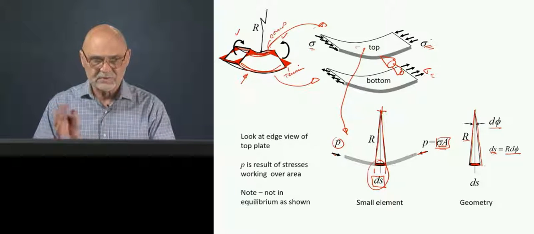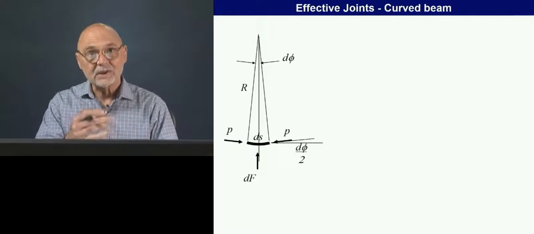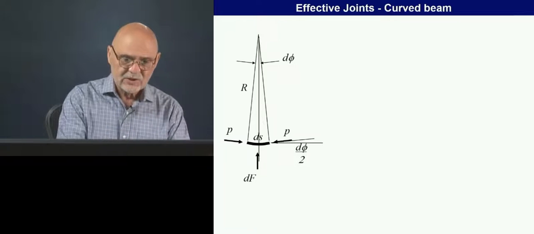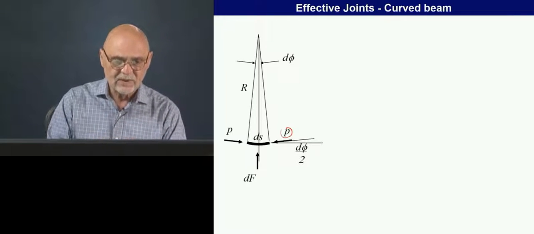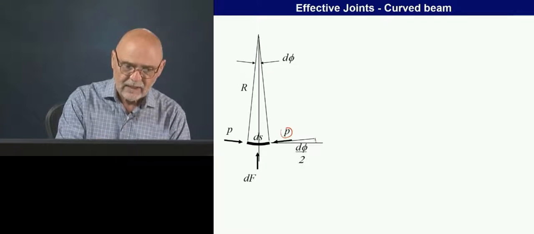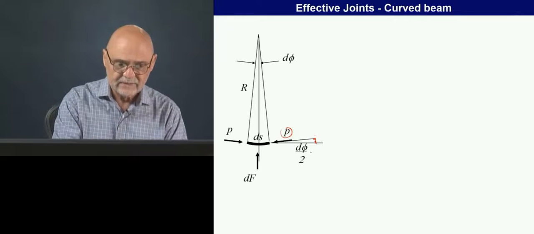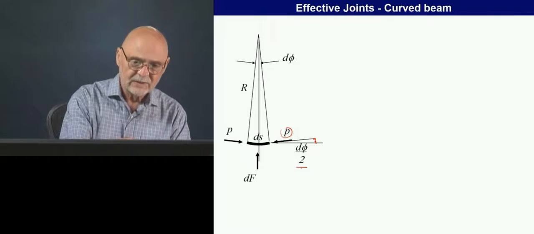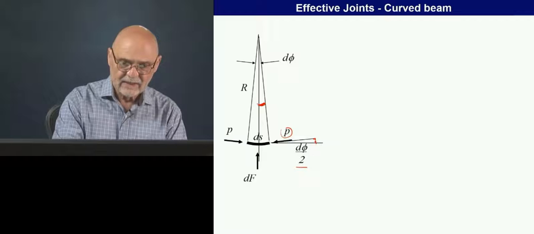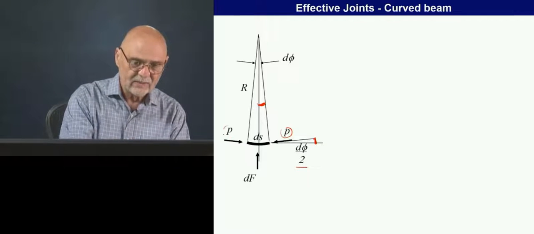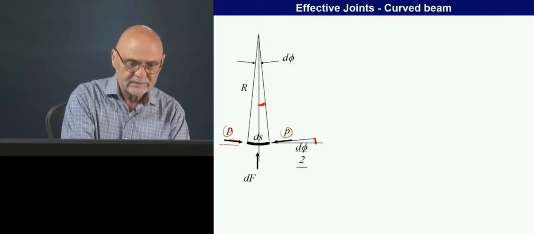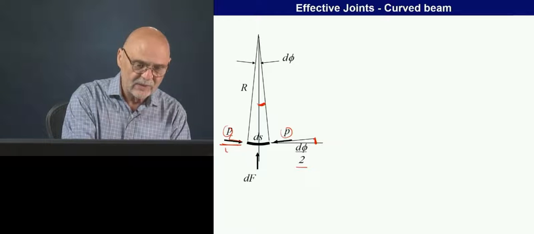Okay, so that's from just pure geometry. Now we're going to put this little element into equilibrium. We saw that we have a load P occurring here, and its angle is d phi over 2. So here's d phi over 2. That's why it appears here. And then the same kind of thing over here, just that little angle d phi over 2.